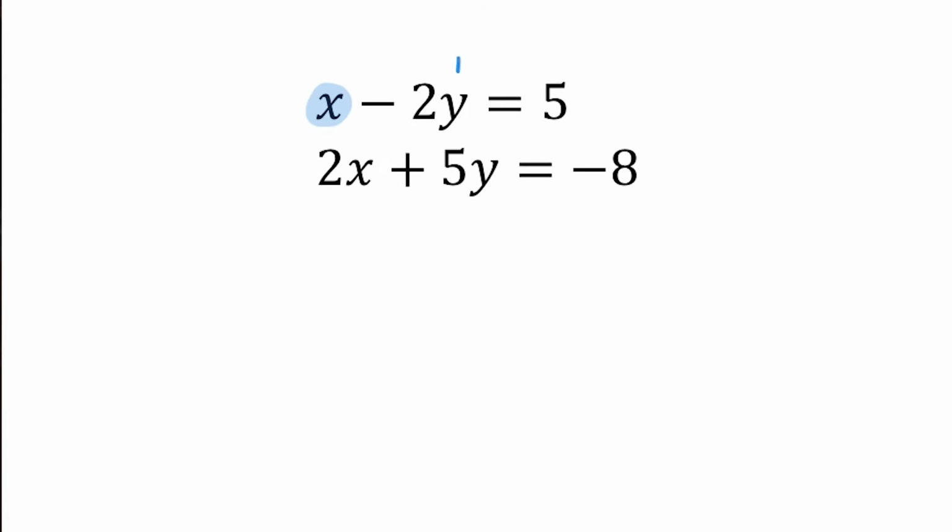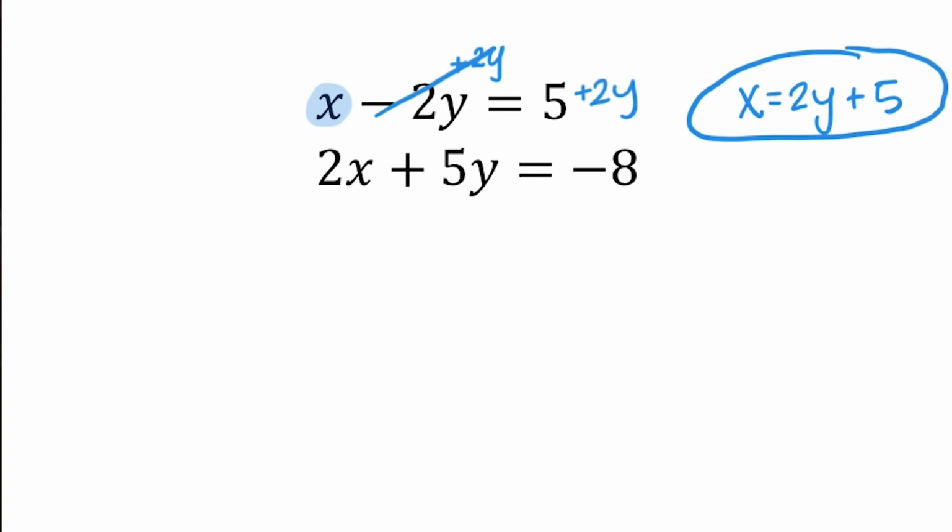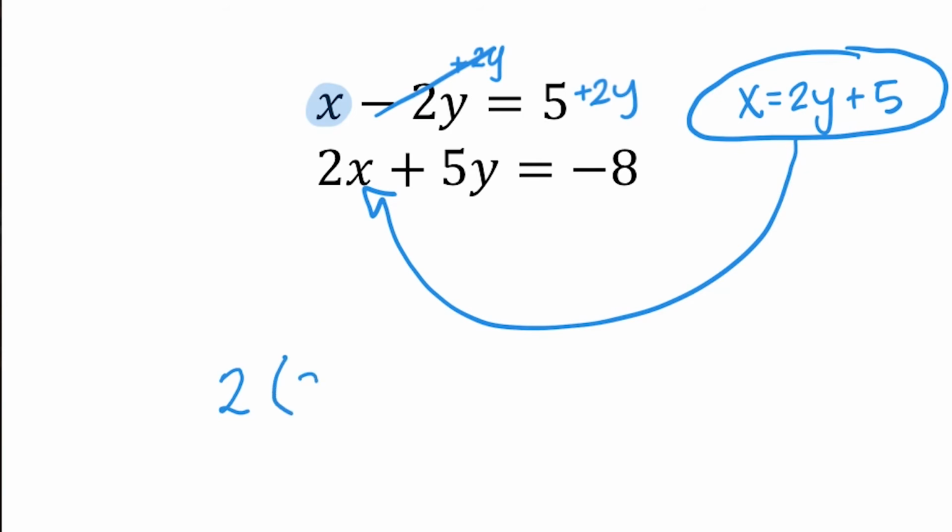So if I add 2y to the other side, I get that x equals 2y plus 5. So we're going to take this equation and plug it in for x in the second equation. So I still have the 2 in front, but x is now 2y plus 5. And then we have plus 5y equals negative 8.